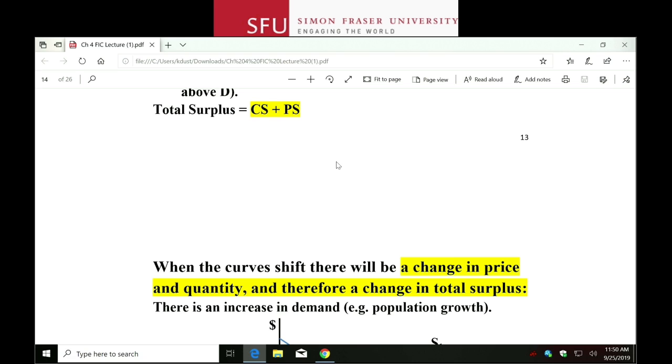So the total surplus is the difference between the benefit that the consumers are getting and the cost of production. But when the curves shift, then that means those values are changing. So demand is the benefit, so that could shift this way or this way, so the benefits could increase or decrease. And then the supply curve is the cost, which could go either way as well. And so depending on what direction they're going, the total surplus will get bigger or smaller, right? Does the benefit get bigger or smaller, or does the cost get bigger or smaller? It'll change the size of the surplus. Okay, so we'll go through examples of the different shifts.